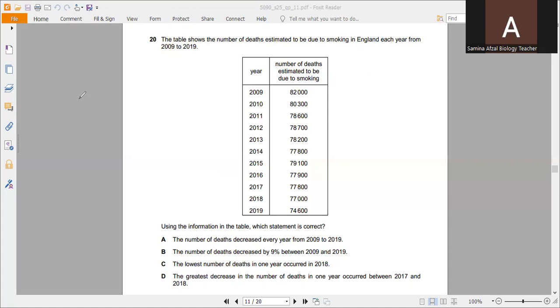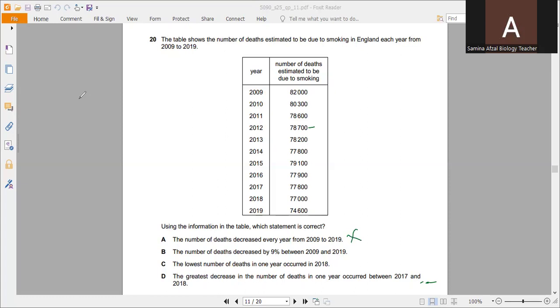No, you can see that the deaths are increasing between 2010 and 2011, from 78,600 to 78,700. So this is not the correct statement.